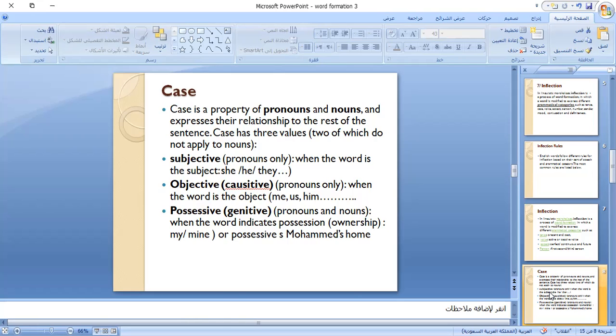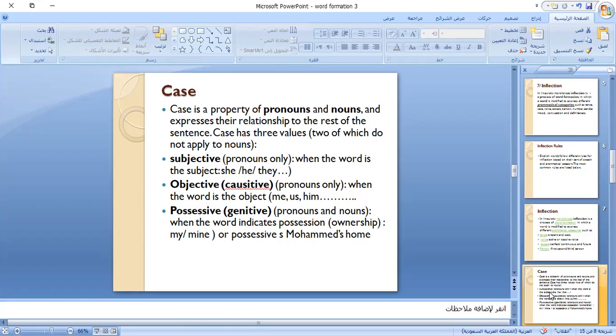For the subject, we have he. For the object, we have him. I say, he is a doctor. He acts as a subject. But I talk to him. Here it is an object. I look at him. It's no longer he, it's him. So it is a new word which expresses the object.